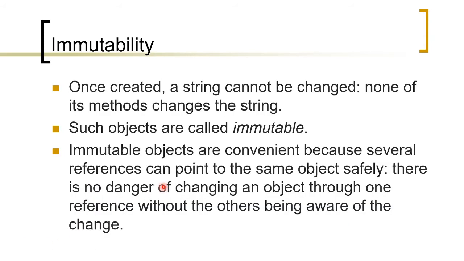Once created, the string cannot be changed. None of its methods changes the string. We call that property of the string class immutable. Immutable objects are convenient because several references can point to the same object safely, without accidentally changing the object through one reference without the others being aware of the change.